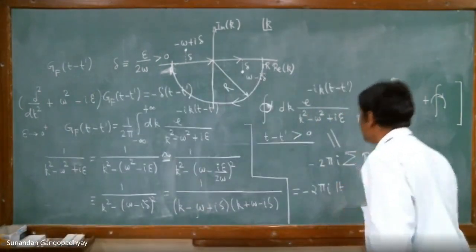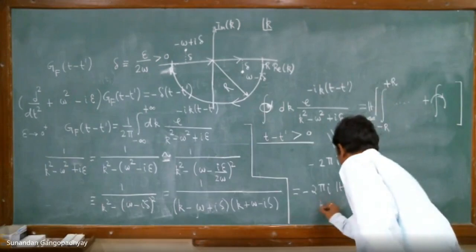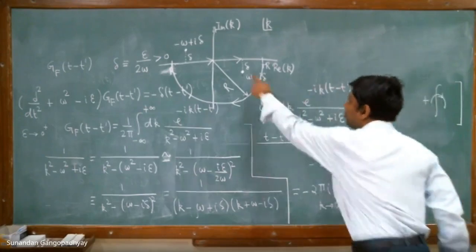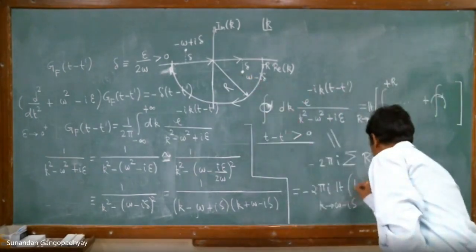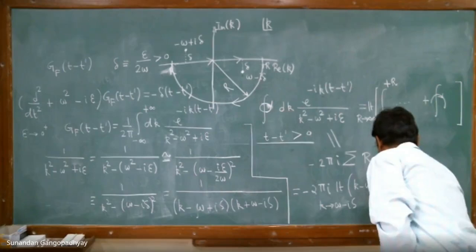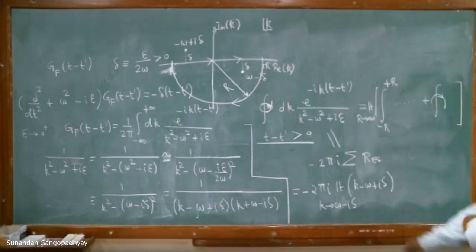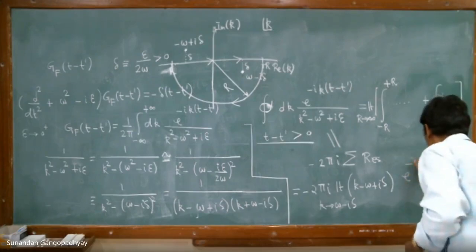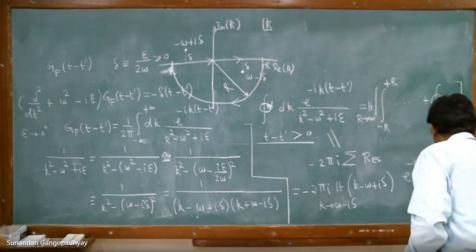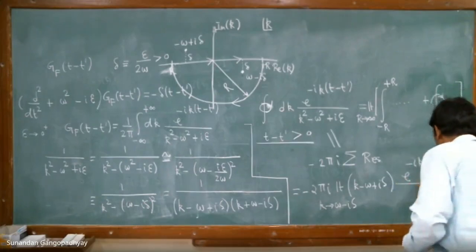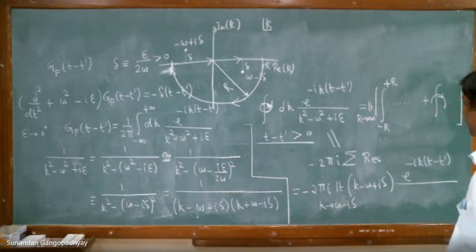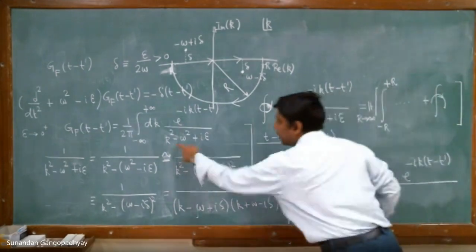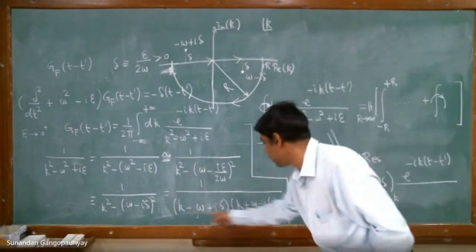So this is the limit k tending to omega minus i delta, from this pole, and this becomes k minus omega plus i delta times the integrand, e to the power of minus i k (t minus t prime), divided by, we have this thing we have already written down in a factored form.